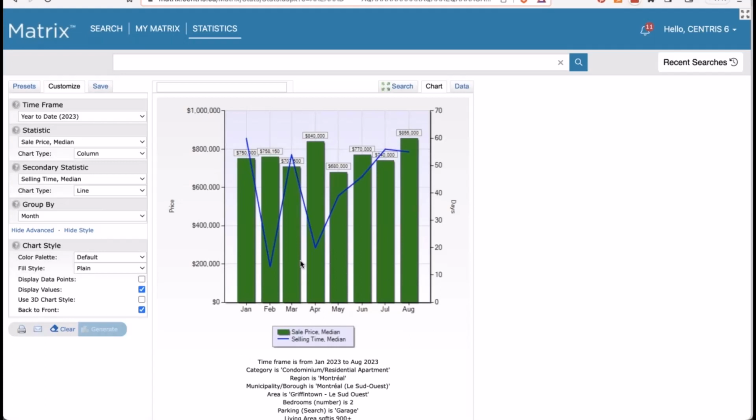Here I can tell them the faster I sell the listing, about 10 days, closer to 10 days, below 20 days, the higher the price is. The longer it takes to sell, often the lower it sells for. So this is a very compelling graph you might want to keep.